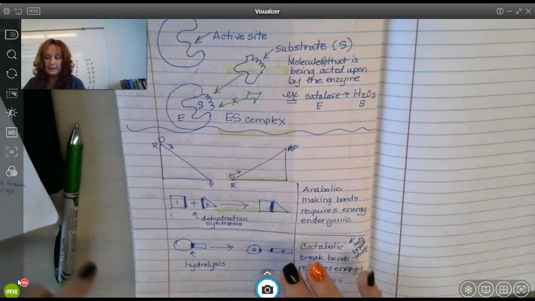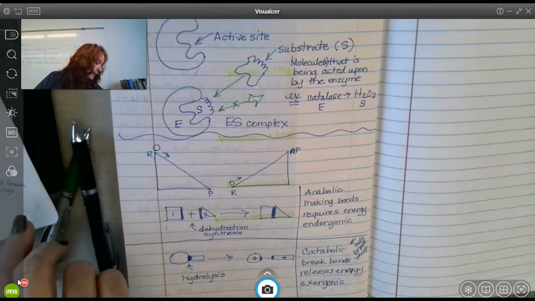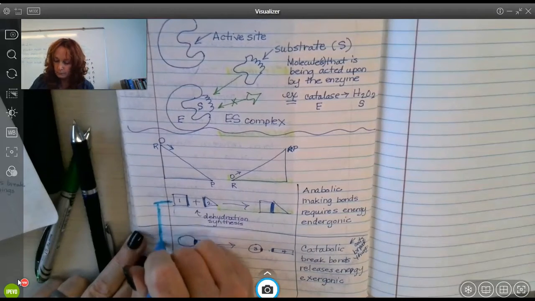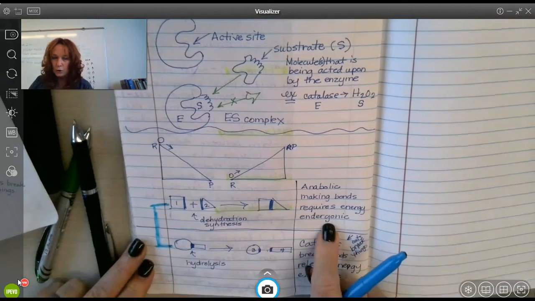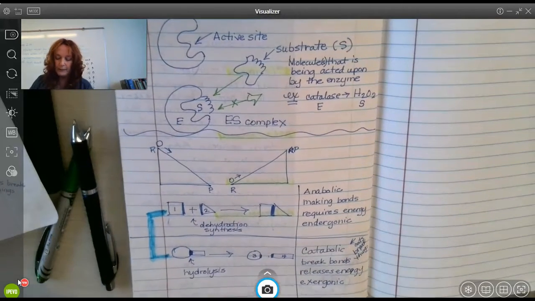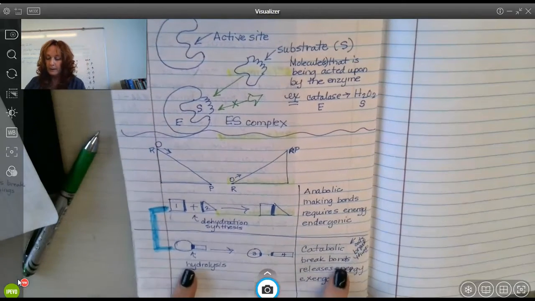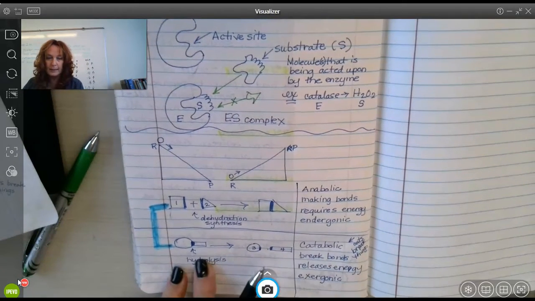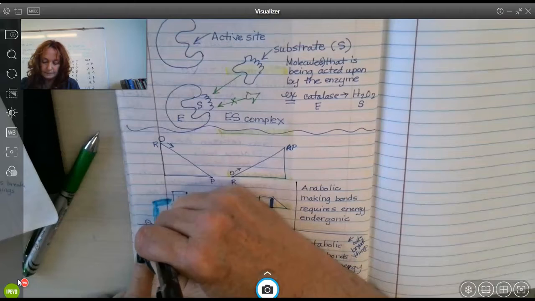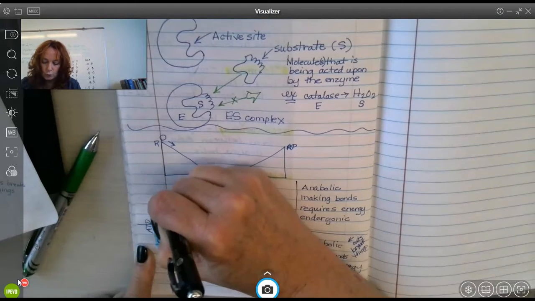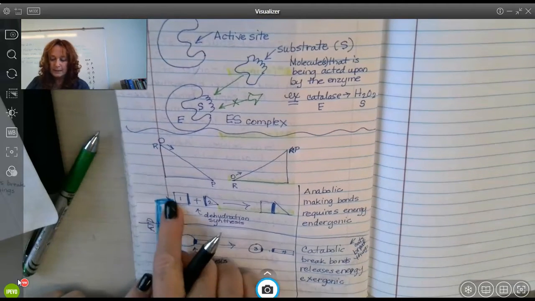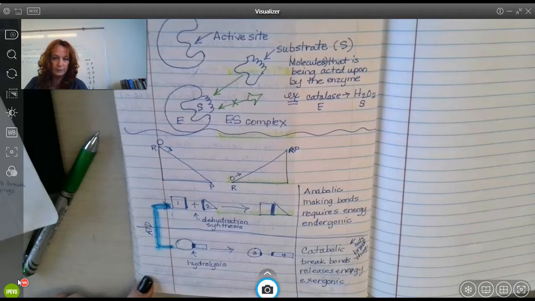These processes are going to be coupled together. These endergonic and exergonic processes, we can couple together so that the energy released from here is going to go into ATP and be used to fuel these processes that require energy. So this is that energy coupling we were talking about.